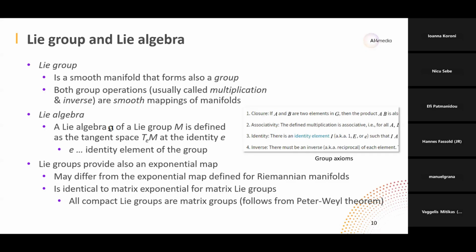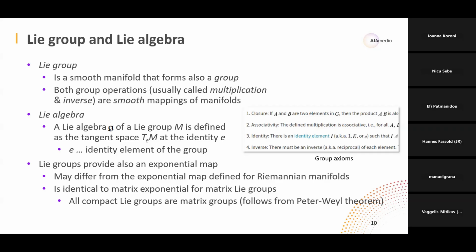Then just one slide, because I really like the connections between these, and because they are also important concepts or structures. So what is a Lie group and the Lie algebra?